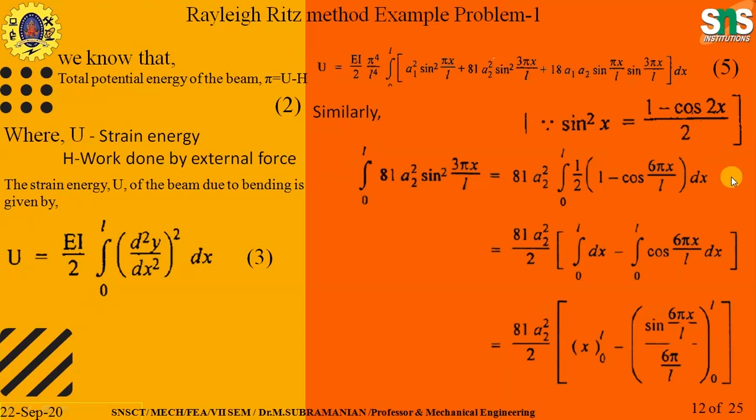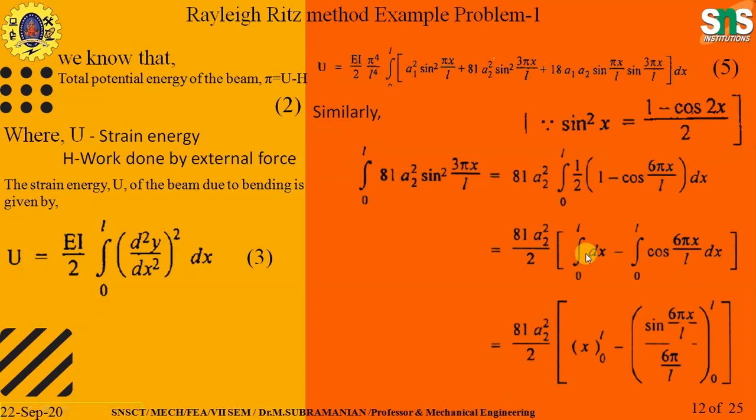So I am putting the integral inside: integration from 0 to L dx minus integration from 0 to L cos(6 pi x divided by L) dx. So finally I am getting the value a2 squared divided by 2.